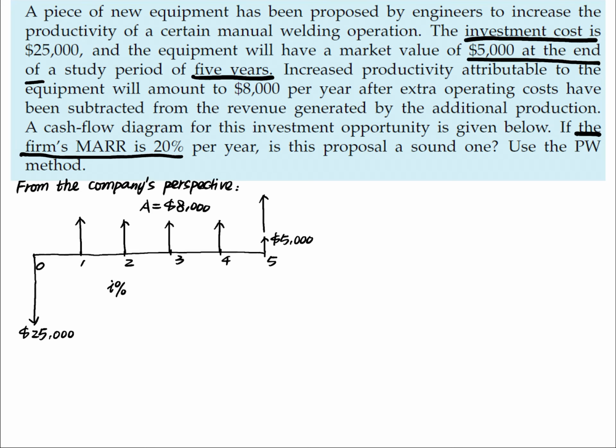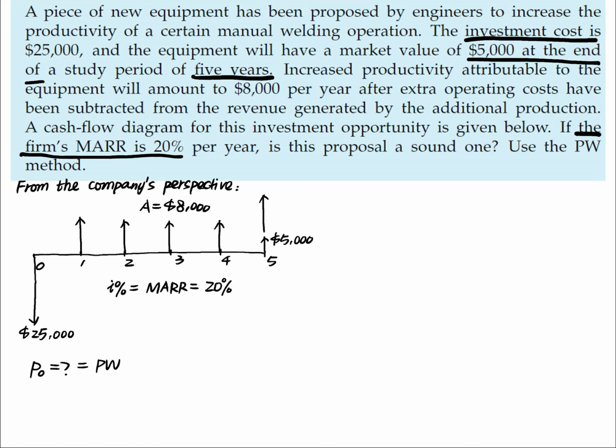So the A is 8,000. And the i%, which is the MARR, is 20% per year. Okay, so that's the cash flow diagram. And now you want to convert everything back to the present to have the PW, the present worth.